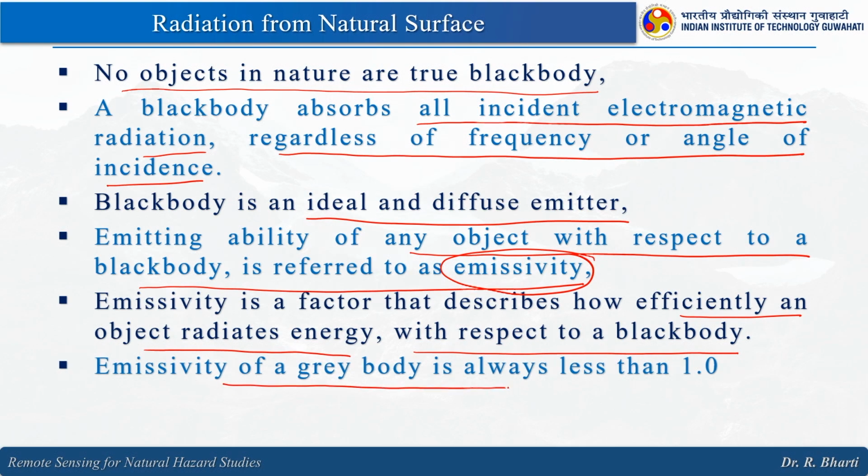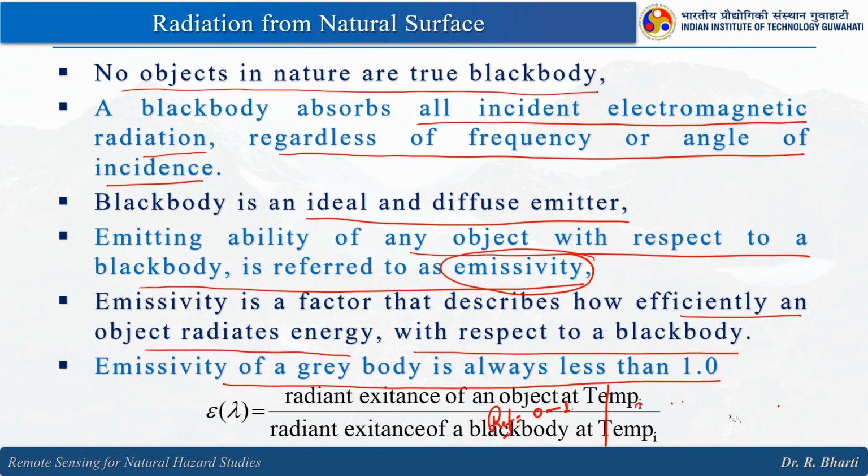Emissivity of a grey body is always less than 1. Remember, in the reflectance also I told you that it ranges between 0 to 1, and emissivity is also ranging between 0 to 1. So, for a black body it will always be 1, right, because that is a true reflector and true absorber.